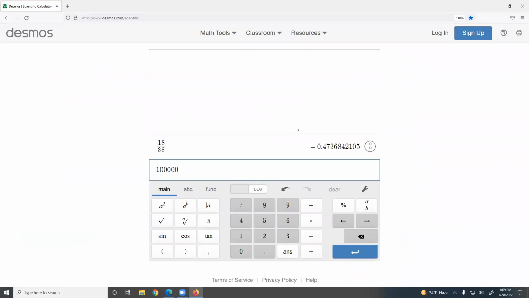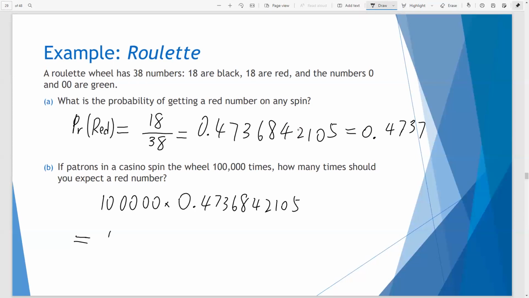So 100,000 multiplied by 0.4736842105, and we could round it to keep 5 figures as a whole number, then just drop the remaining digits: 47,368. If you want to put a comma, you could, but it's not necessary. Just leave it as a whole number.